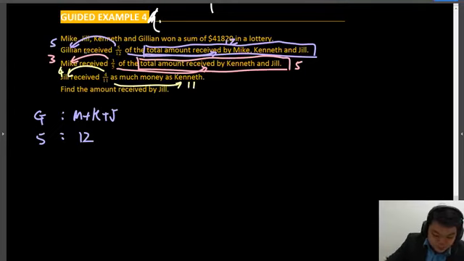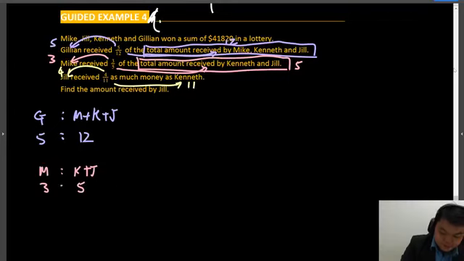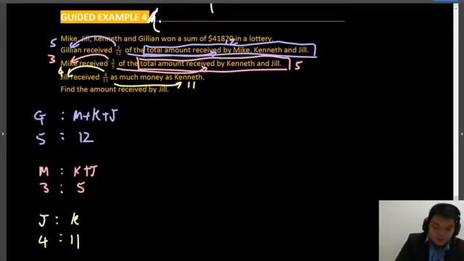So let me just go through the whole thinking process first. Now, the next statement says that Mike received 3 compared to K and J's 5. Then after that, we are told that between J and K, J received 4, K received 11.